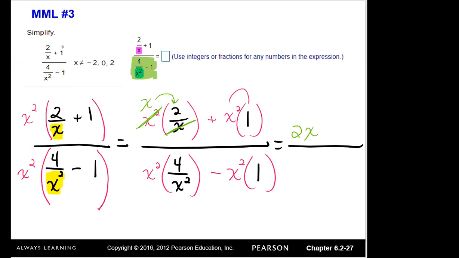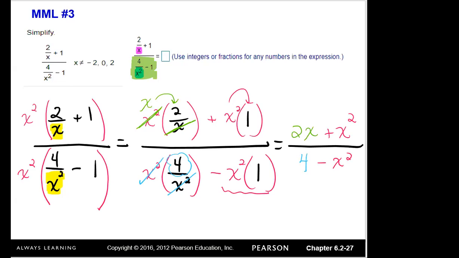And then over here, it's just x squared times 1, which is x squared. On the bottom, this x squared totally cancels out that x squared. And so all I'm left with is the 4. And then this is just minus x squared times 1. So that's a minus x squared.